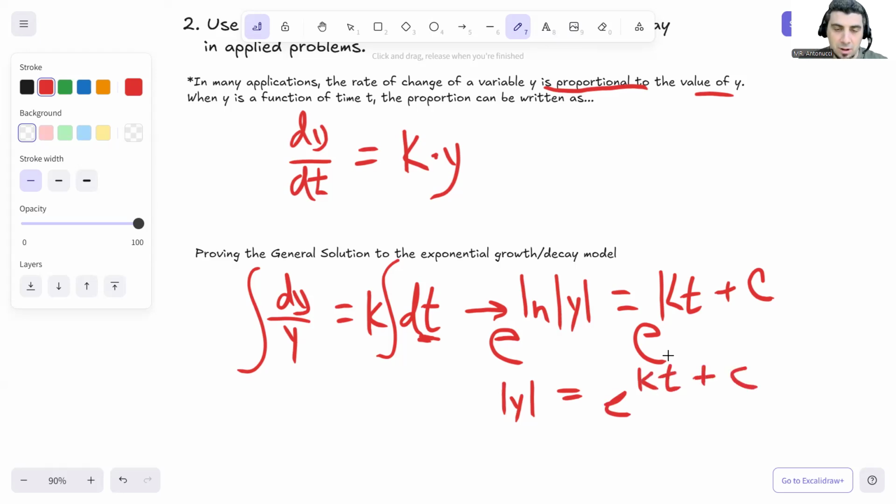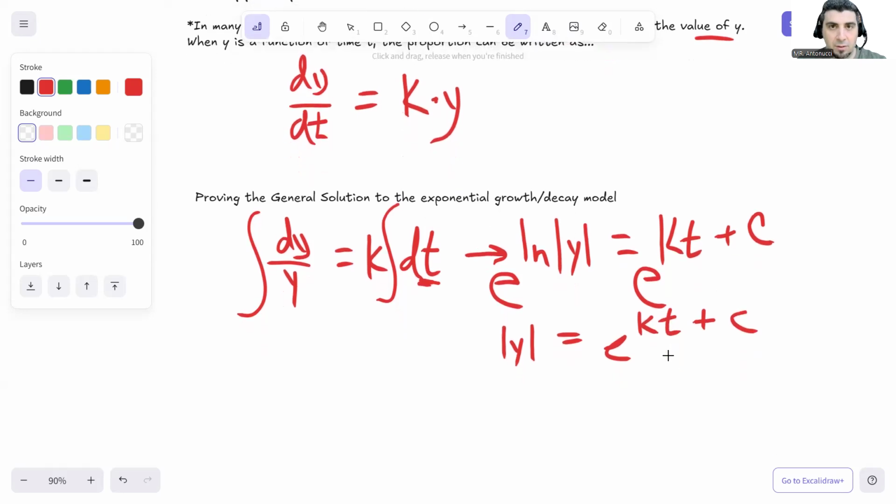Now, let me just bring up a little bit of algebra for you. Do you remember if you had a to the x times a to the y, that would be a to the x plus y? So that's like when you multiply like bases, you add the exponents. Well, in this case, we would do that backwards.